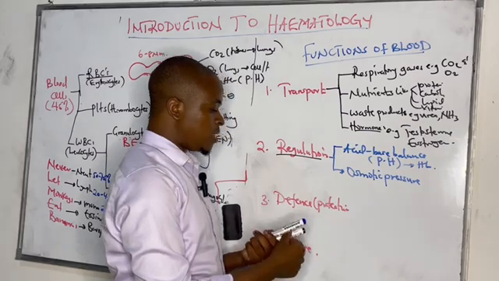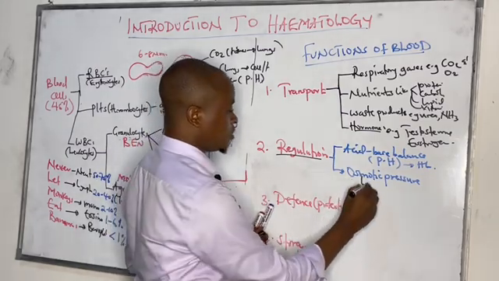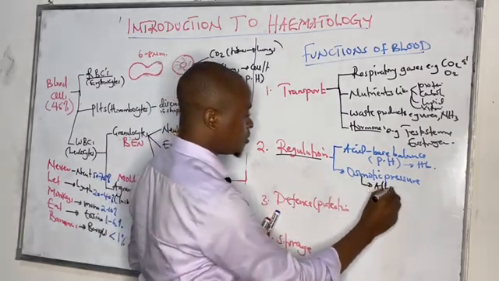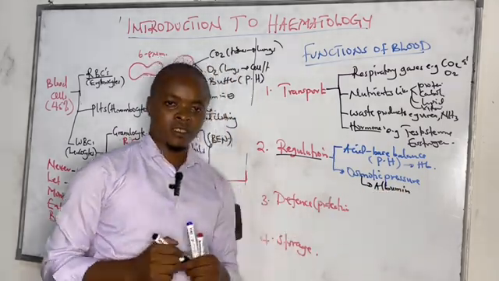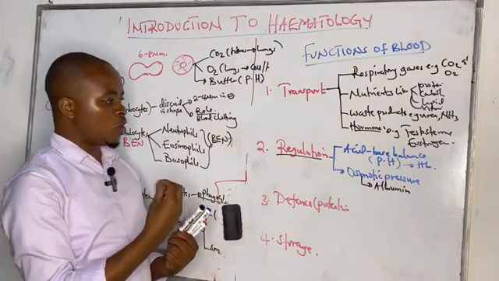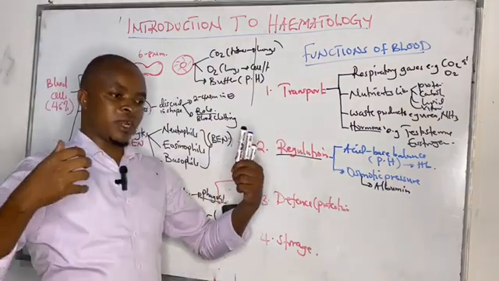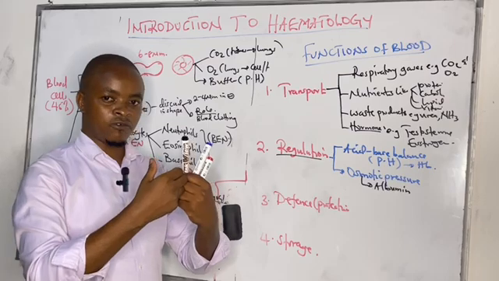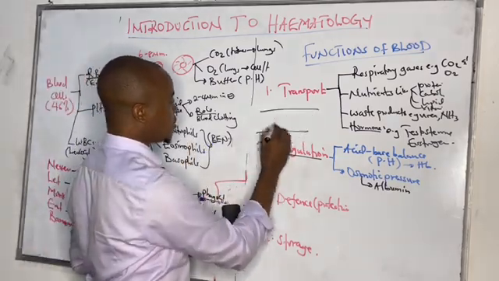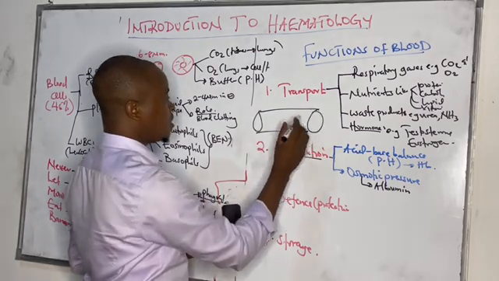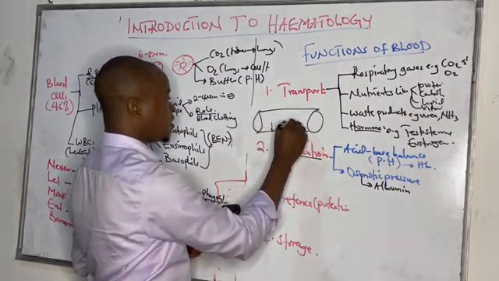This role is majorly played by albumin, whereby albumin tends to create the oncotic pressure, the osmotic pressure, the pressure that forces fluid to stay. We know that in a blood vessel, there is a force that forces fluid to go out of the vessel.